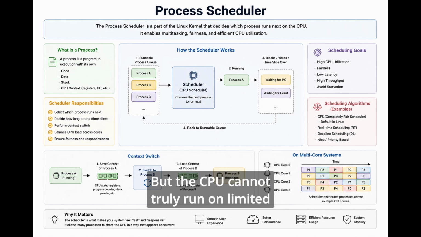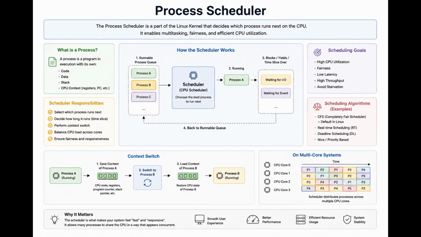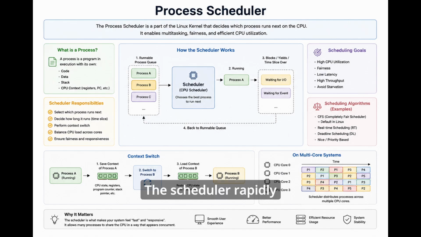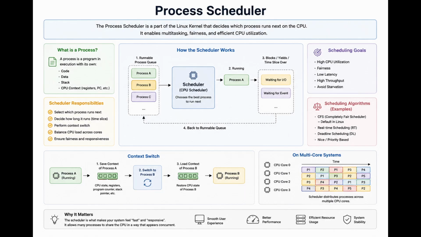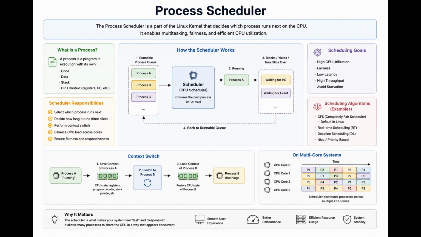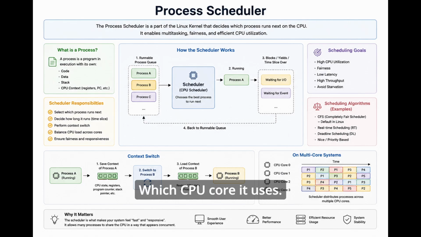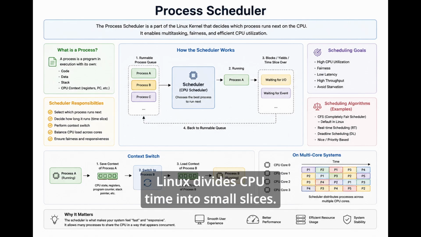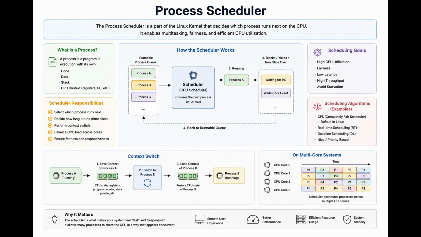But the CPU cannot truly run unlimited programs at the exact same moment. So how does Linux solve this problem? The scheduler rapidly switches between tasks. This process is called multitasking. The scheduler decides which process runs next, how long it runs, which CPU core it uses, when to pause or resume a task. Linux divides CPU time into small slices.